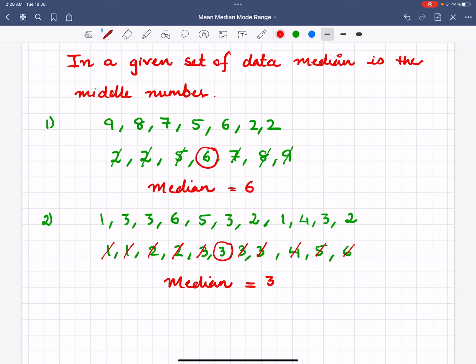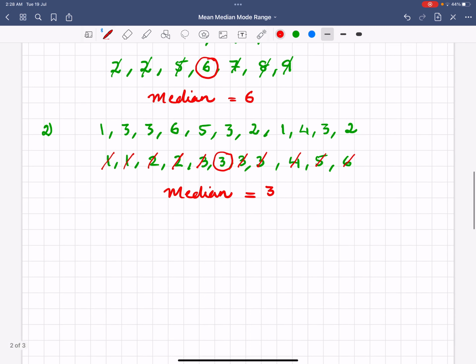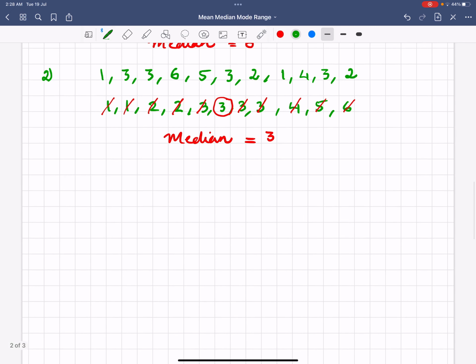Okay, let's try another example. Question number 3. So the numbers are 19, 16, 11, 10, 23, 14, 22, 23, and 11.